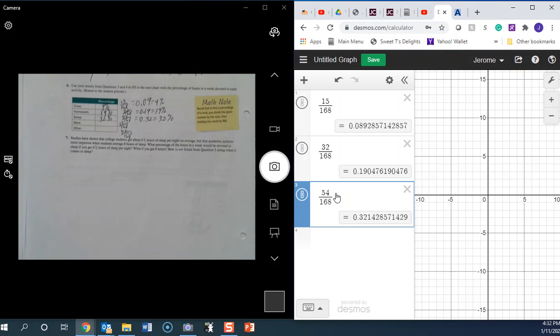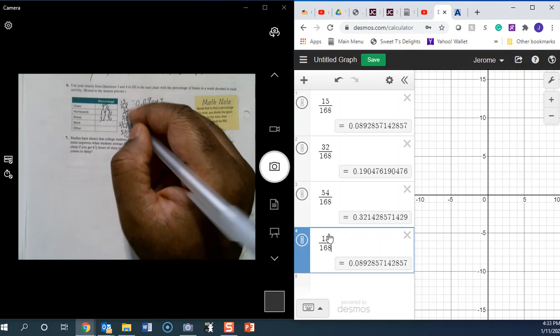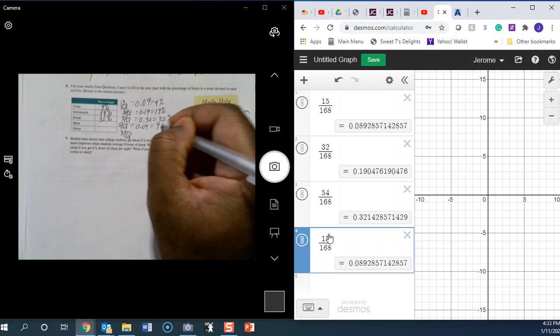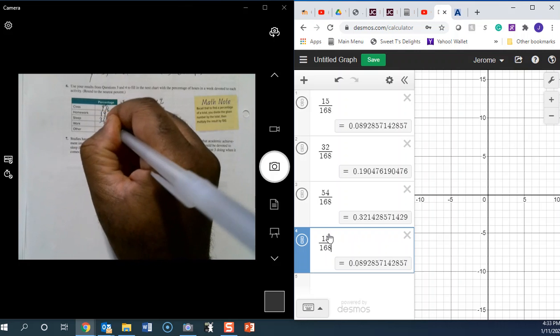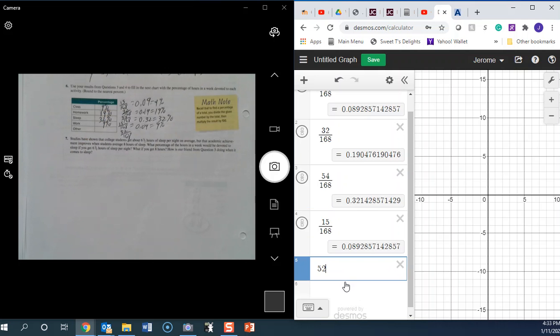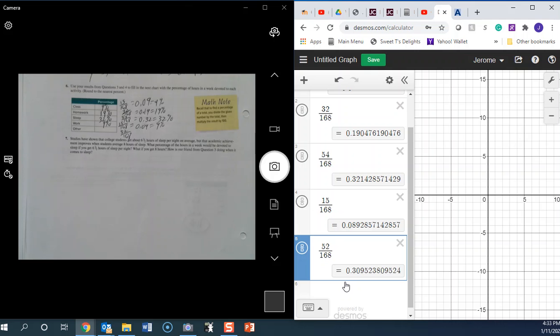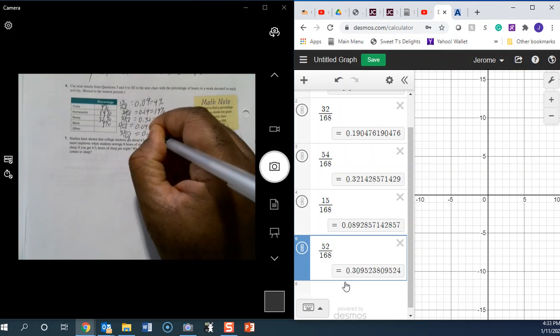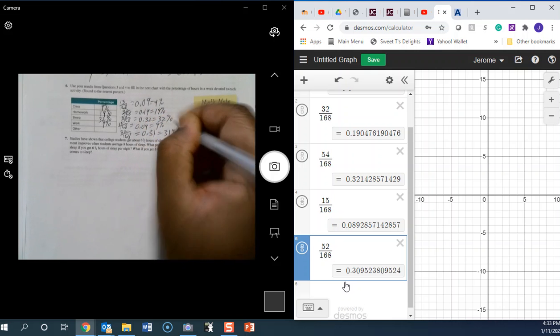Now work is 15 divided by 168, which will give us, rounded to 2 decimal places, basically the same as it was up here. It'll be 0.09, which is 9%. And then finally, other, we'll do 52 divided by 168. Rounded to 2 decimal places, that'll be 0.31, which is 31%.